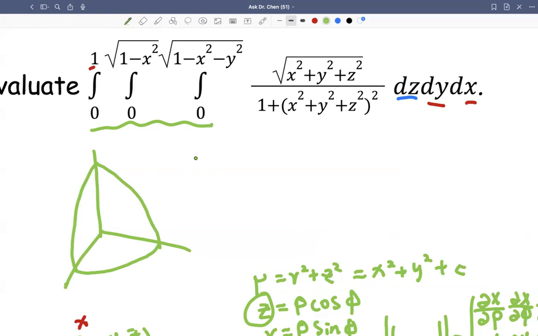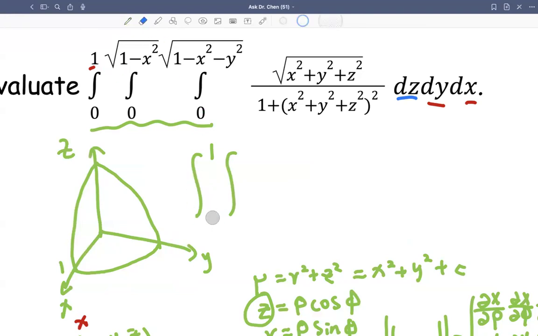So in this quarter sphere, let's look at the lower and upper limits. If we fix the x direction, it goes from 0 to 1. This is the x direction, this is the y direction, and this is the z direction. I don't have to rewrite it because we have it here already.